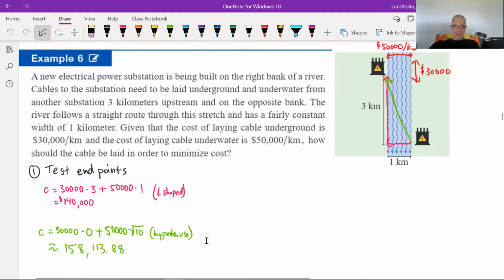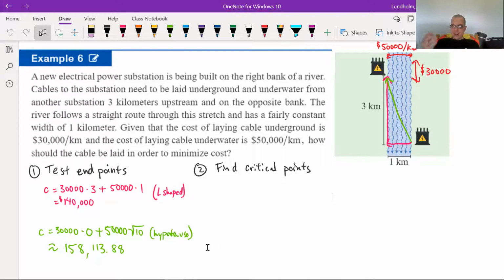This other one, the long hypotenuse trip, or actually the shorter trip, but all underwater, gives us 158,000 because underwater is not cheap. The thing that's more interesting and probably the hardest part of this problem is finding a critical point to test. Find critical points.